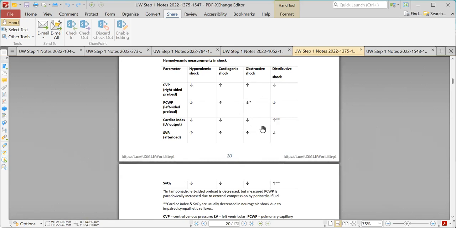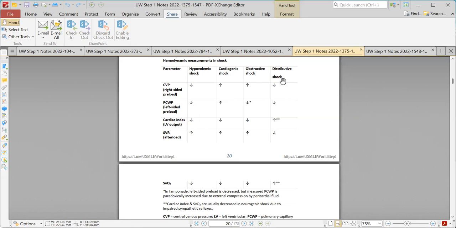Because of that, cardiac index is also low, but all other things are high. The most important thing in obstructive shock, like in pulmonary emboli, is the pulmonary capillary wedge pressure. That is the left-sided pressure of the left atrium, and it is really low in obstructive shock.